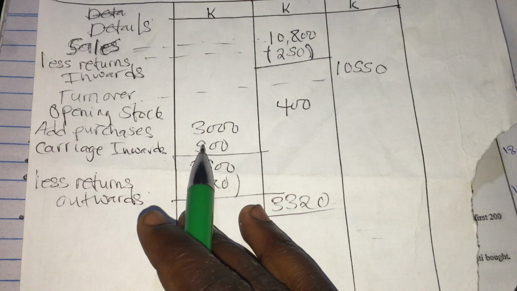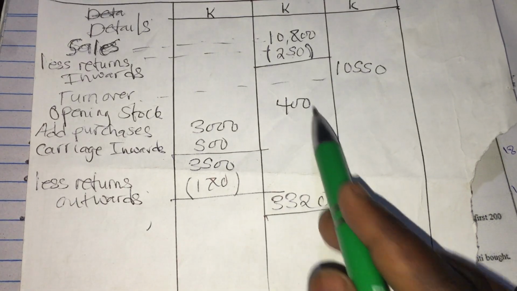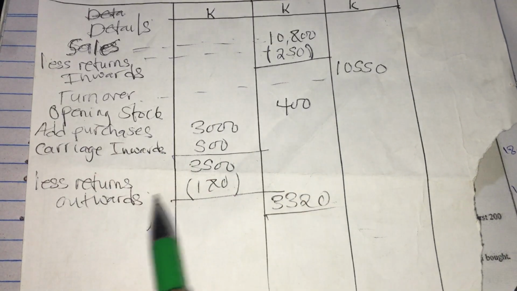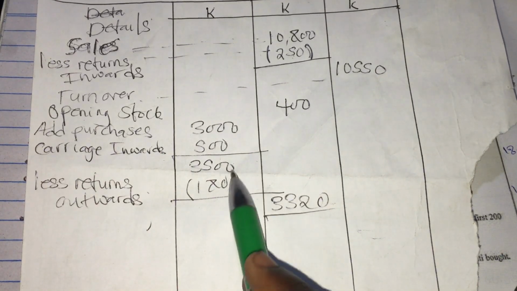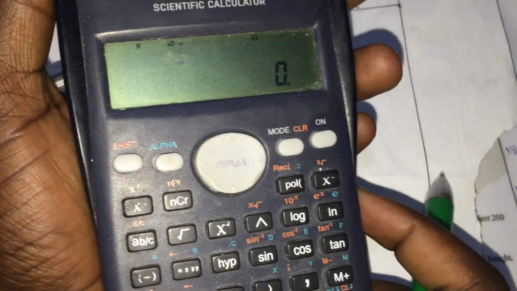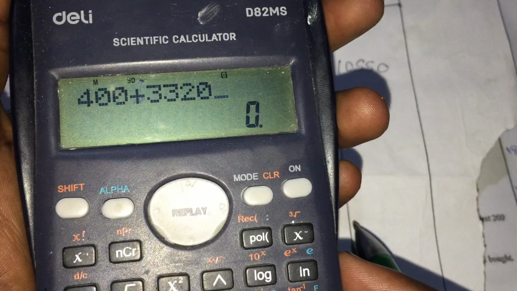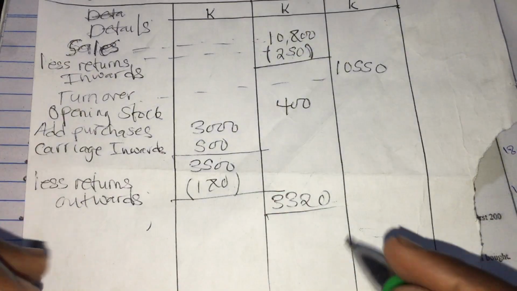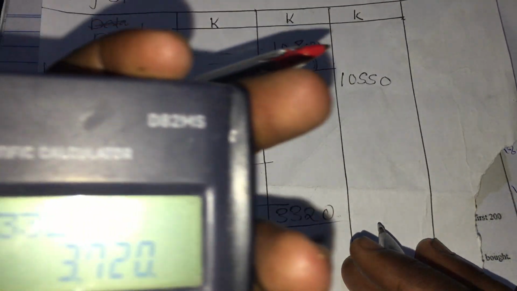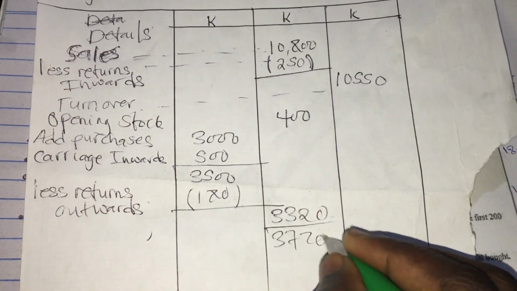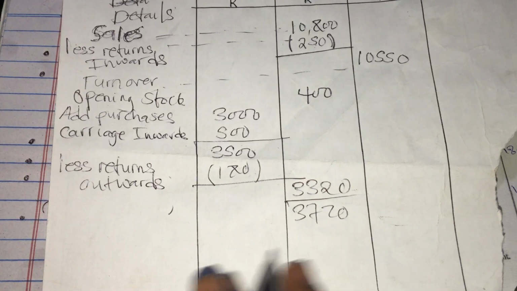Now we are going to add this amount and the amount on top. We are going to add the opening stock and also the amount we get after subtracting here. So we're going to say 400, then place 3320, which is 3720. You've seen.